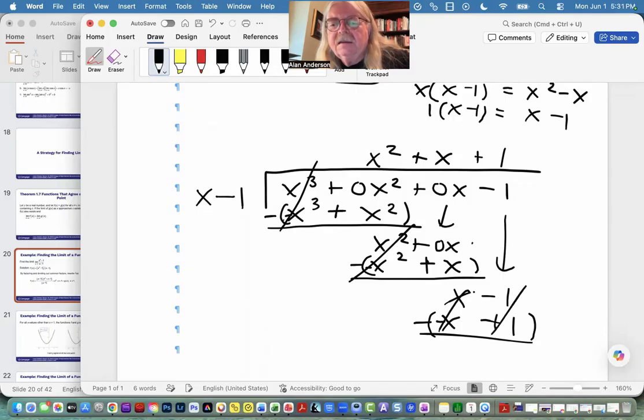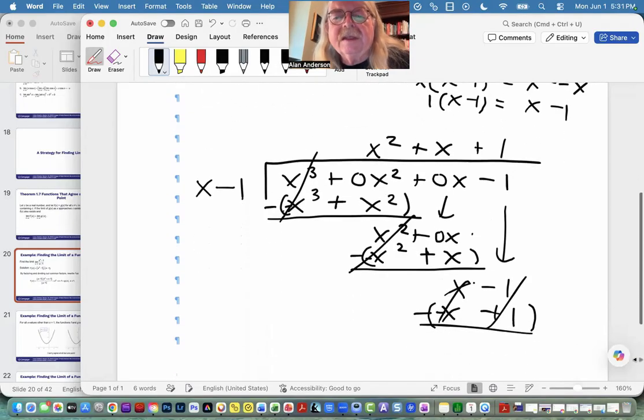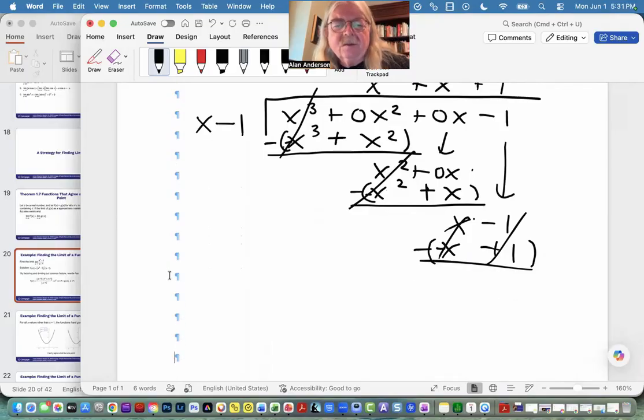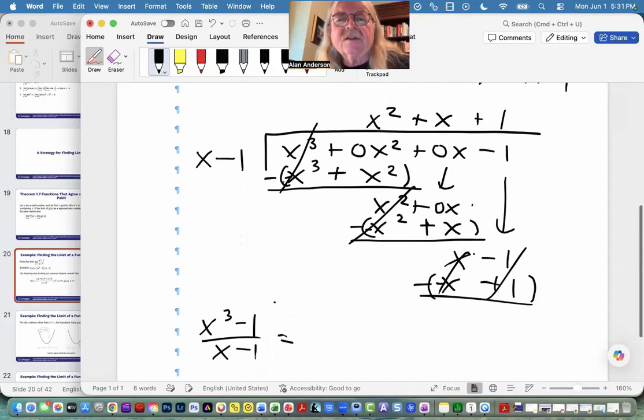Subtract, add. And so what this shows me is that indeed x minus 1 is a factor of x cubed minus 1. In other words, this ratio equals x squared plus x plus 1.